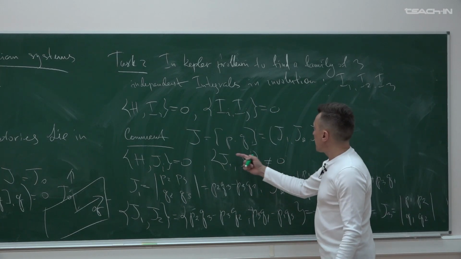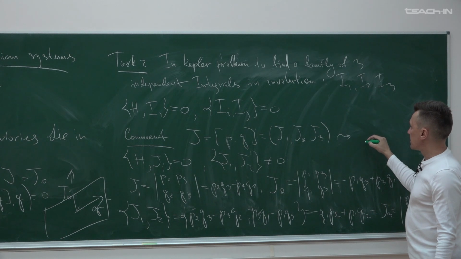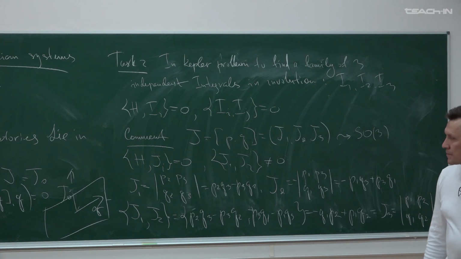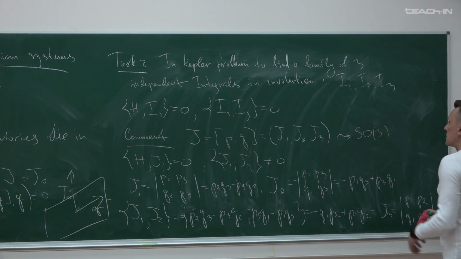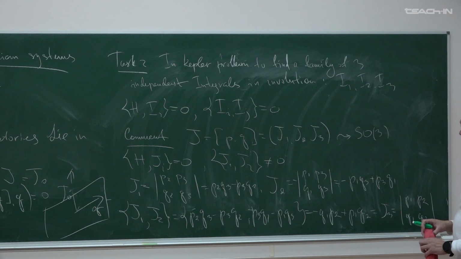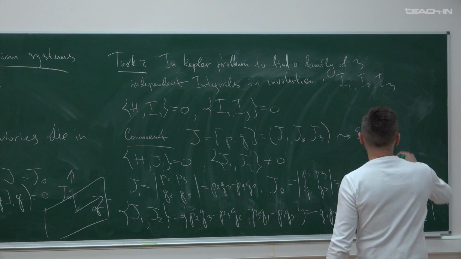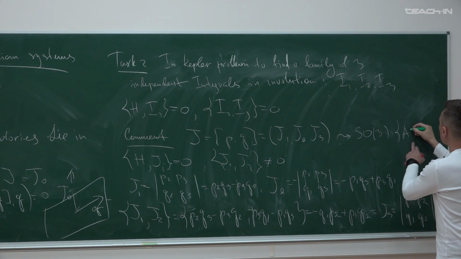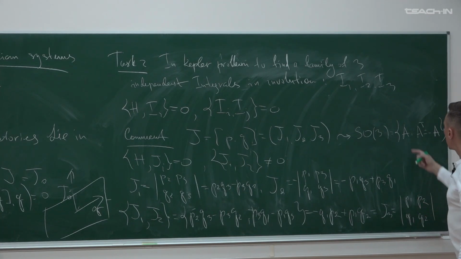So in fact, these generators correspond to SO3. They have the Poisson bracket corresponding to this Lie algebra. You remember that? It's the space of antisymmetric matrices 3 by 3.